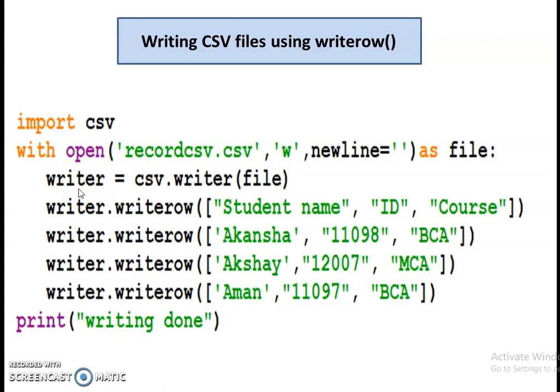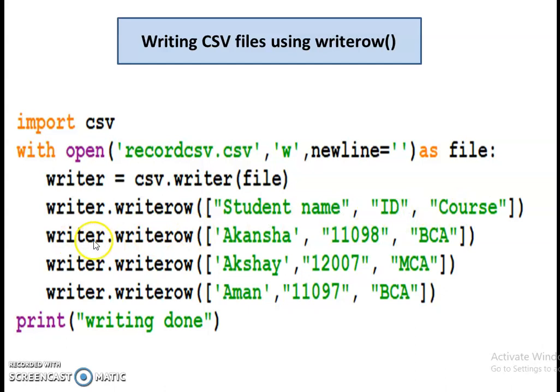Now we can write rows to file using writerow method of writer object. So here we are writing writer.writerow, and we provide list to it. So here first row is student name, ID and codes.